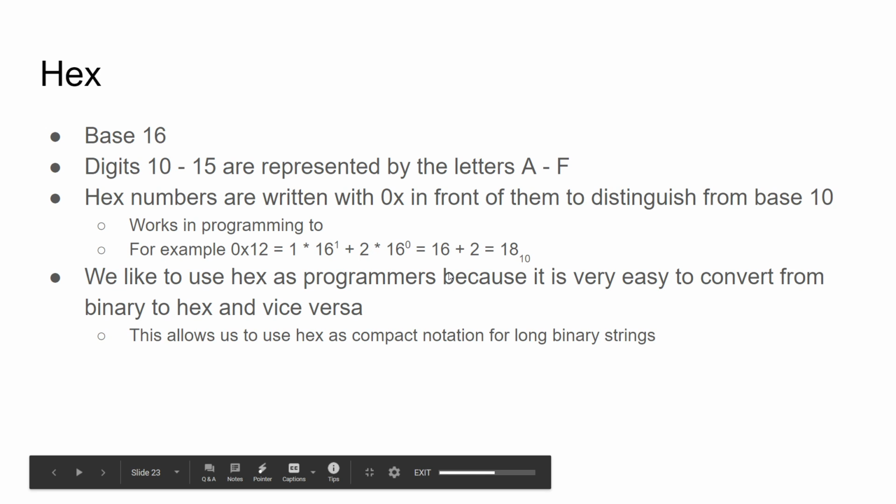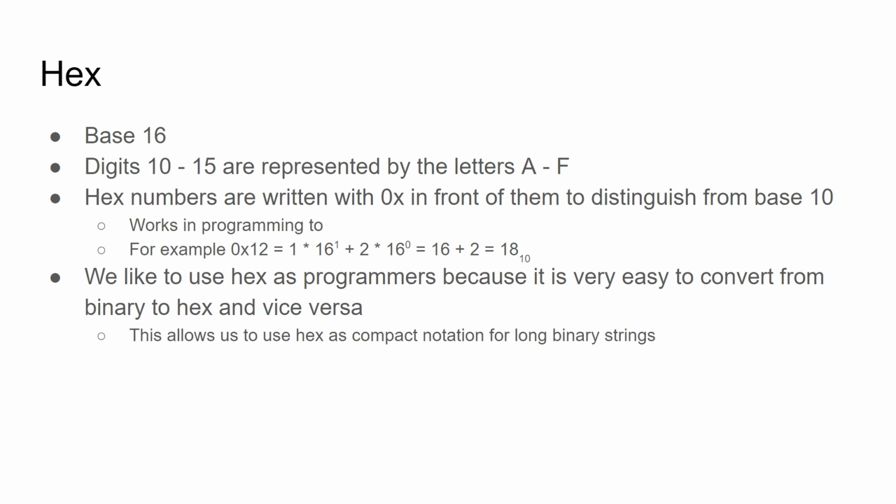So hex is base 16. Since our digits can take on the values up to 15, the digits 10 through 15 will be represented by the letters A through F, so that there's only a single character to represent a single digit. This kind of gets confused.